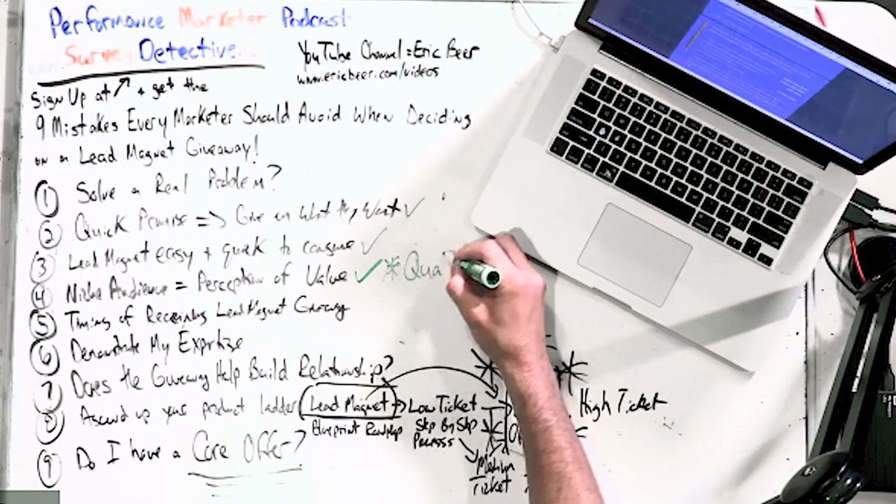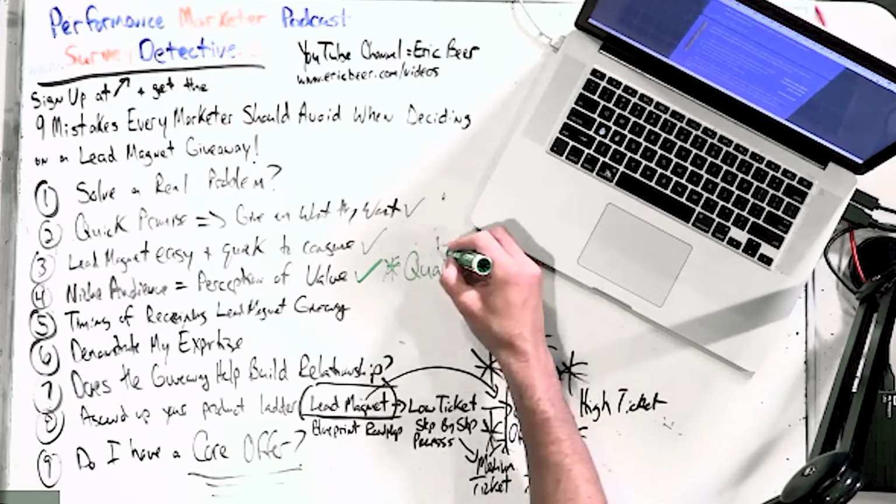Niche audience. Do they perceive what you're giving away as value? This is a really important one for quality. Okay, I want to stress this again, especially when you're going out to cold leads. You don't want to give away a free iPad or a computer or something that's not relevant, because then you're going to get freebie people that are signing up just because they want your freebie and not because they really care about what you're offering.